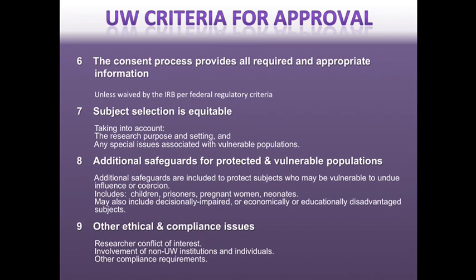And then there's other types of ethical issues that they'll look at, things like conflicts of interest. If the researcher has a financial interest in the company that they're working with. They look at things like the relationships between different institutions and general compliance with various different health-related regulations. So that's what the IRB does.